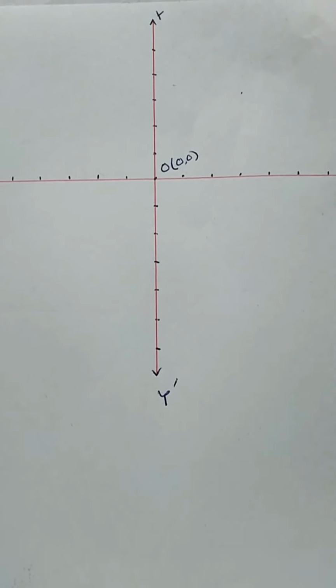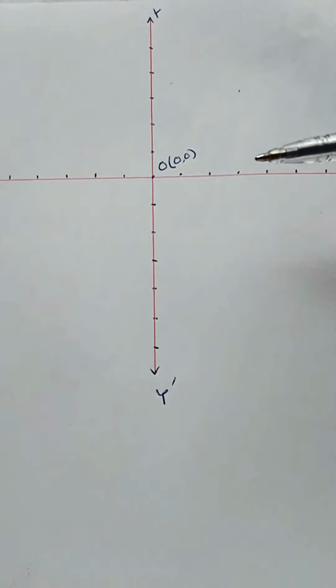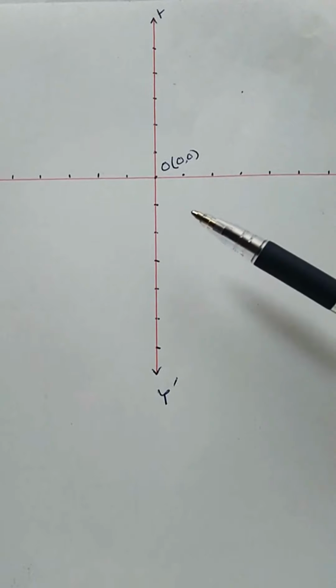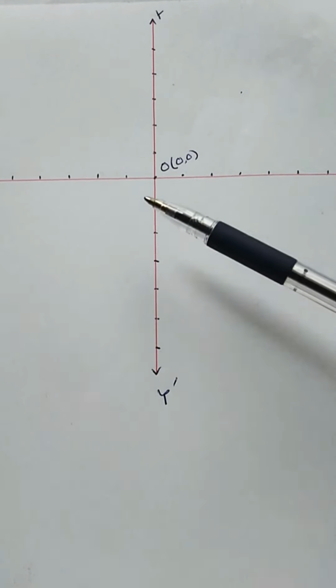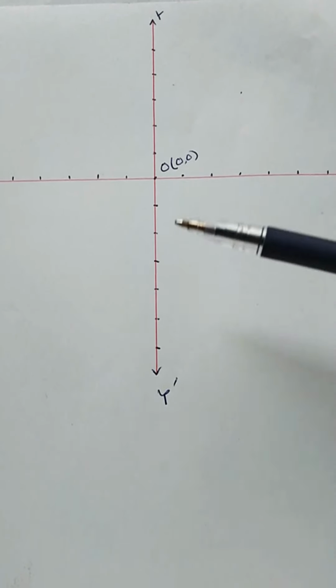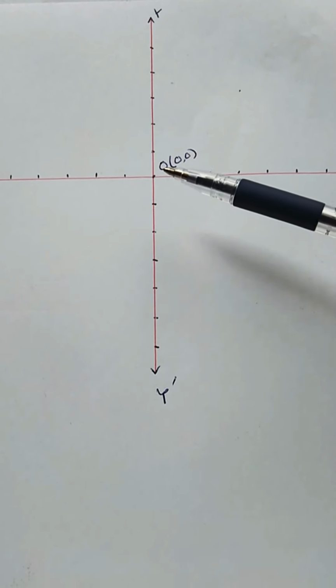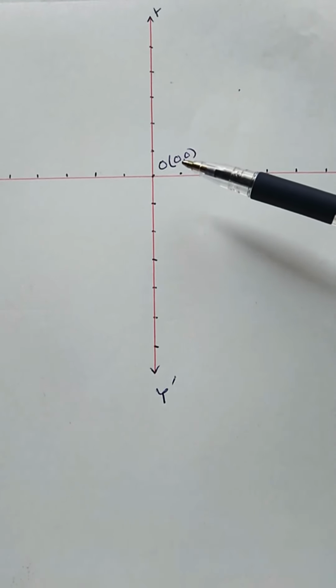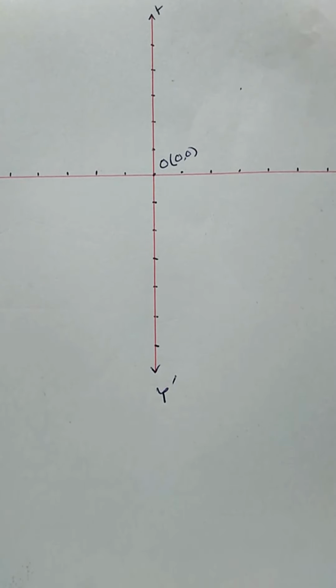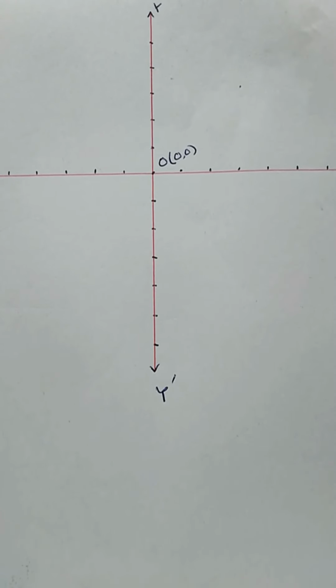So this is our Cartesian coordinate plane with the x-axis and y-axis. Here x is plus, x minus, this side y is plus and this side y is minus. This is the origin and the coordinate of the origin is 0, 0. Now let us take one example. Say it is 3, 5.